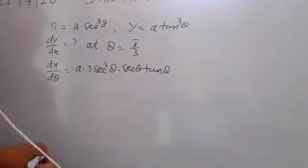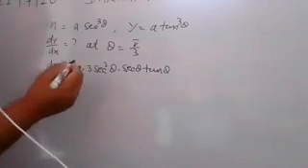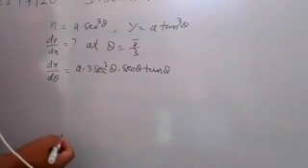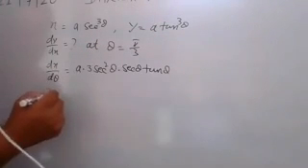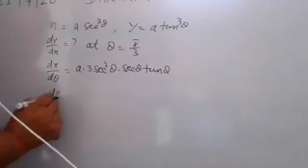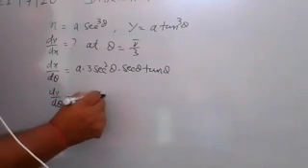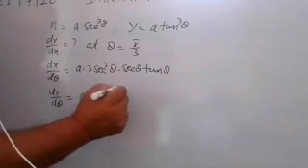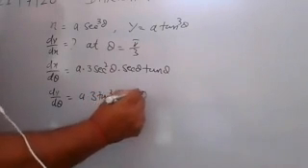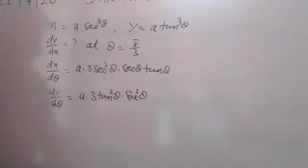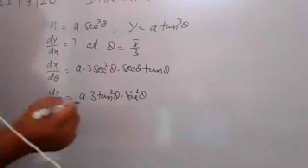In the same way, dy by d theta is a into 3 tan square theta into sec square theta.